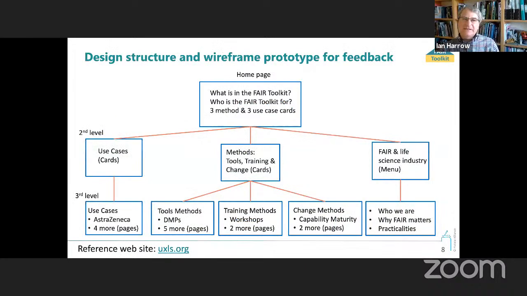Then we designed a suitable structure for our toolkit, and through a wireframe prototyping mechanism, we got feedback from our project members and the Pistoia members more broadly.